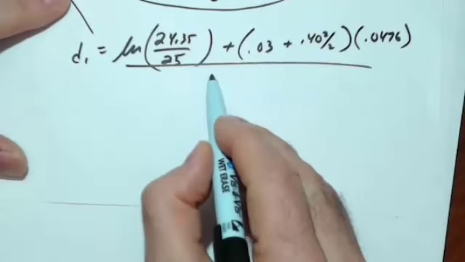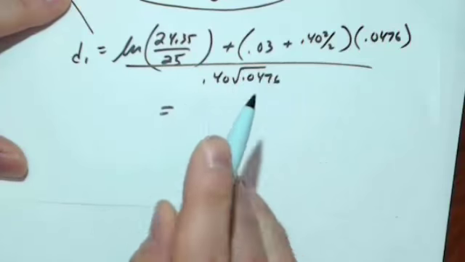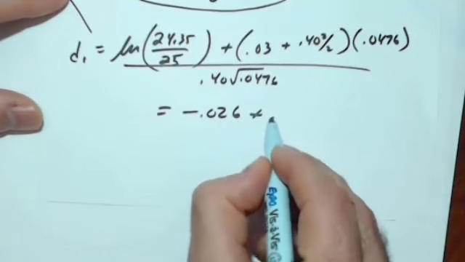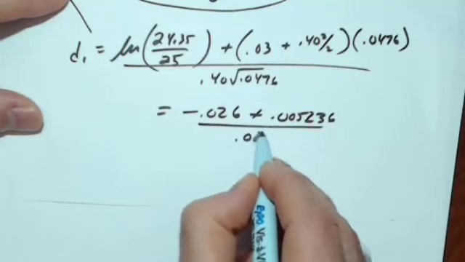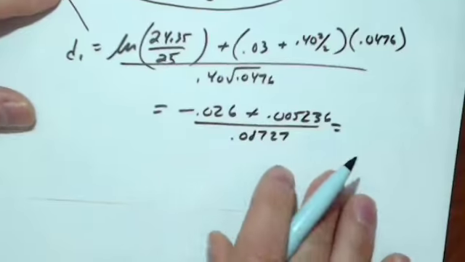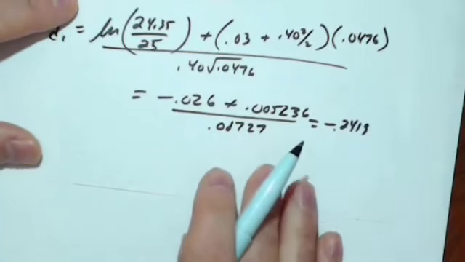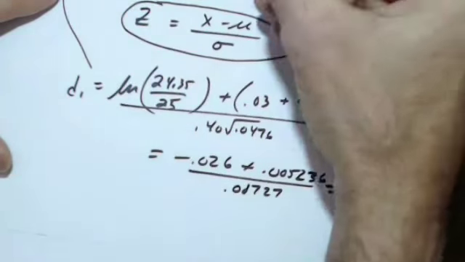And we take this and you crank through it, and you'll get minus 0.026 plus 0.005236 divided by 0.08727, and it equals minus 0.2419. And when you see minus here, it means we're to the left of the zero.